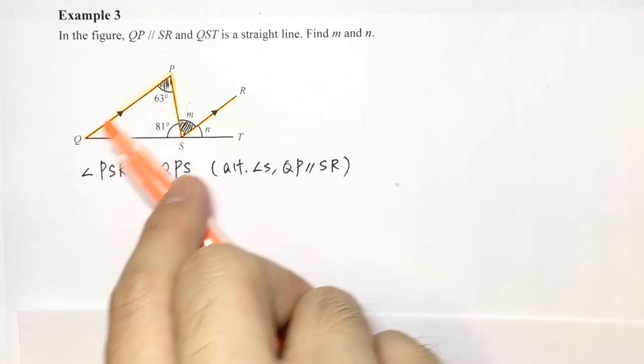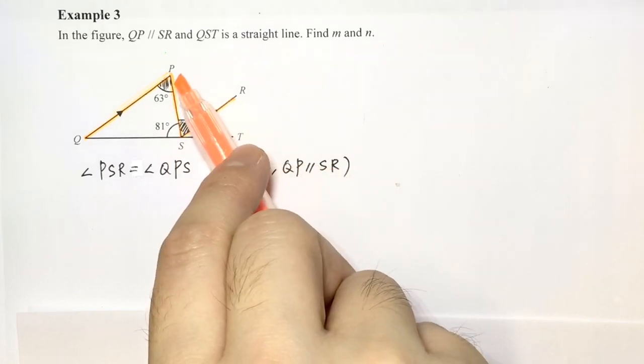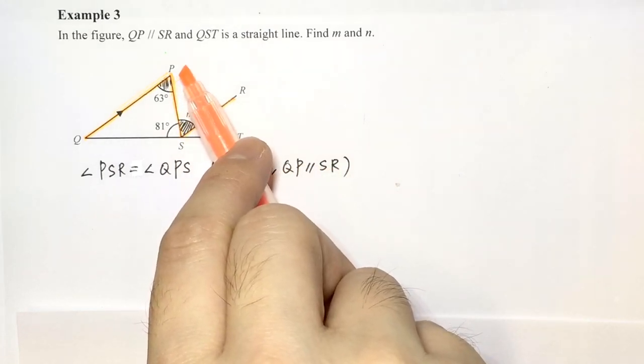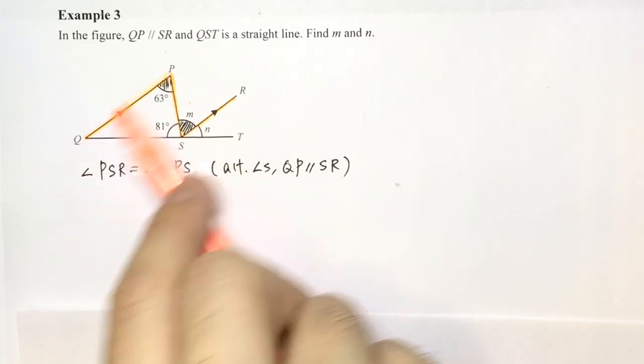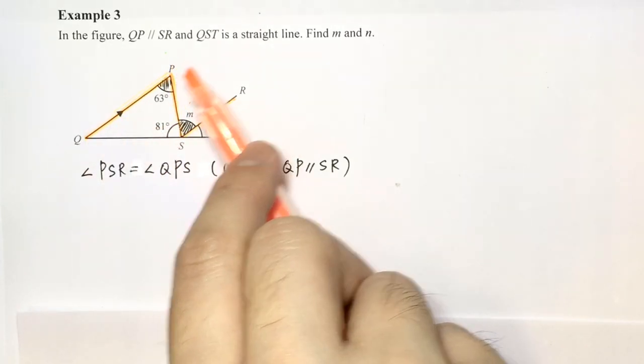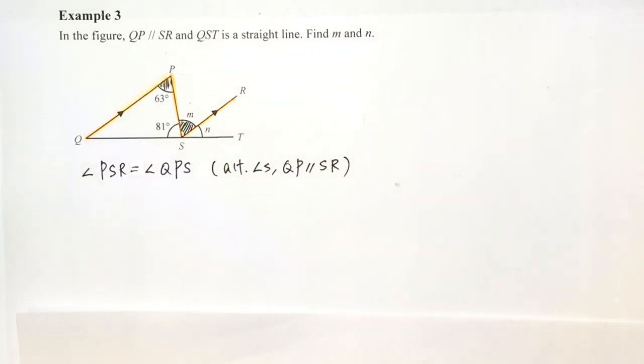So if you write QP, then you need to write SR here. Of course, you can also write PQ, but just follow the direction of the arrow. We usually write QP. If you write PQ, then you should write RS, but this is not so suggested. You should write QP is parallel to SR.